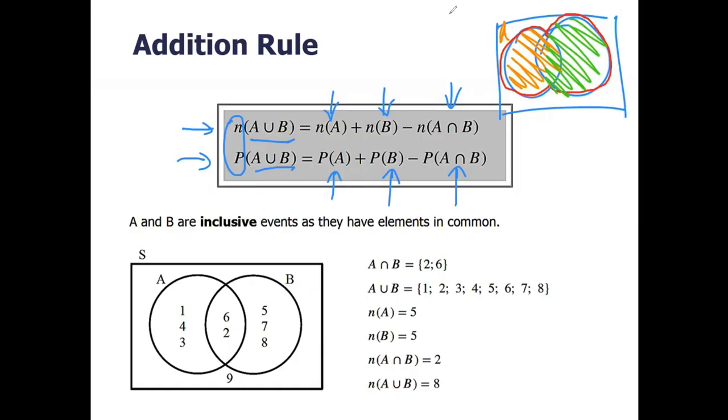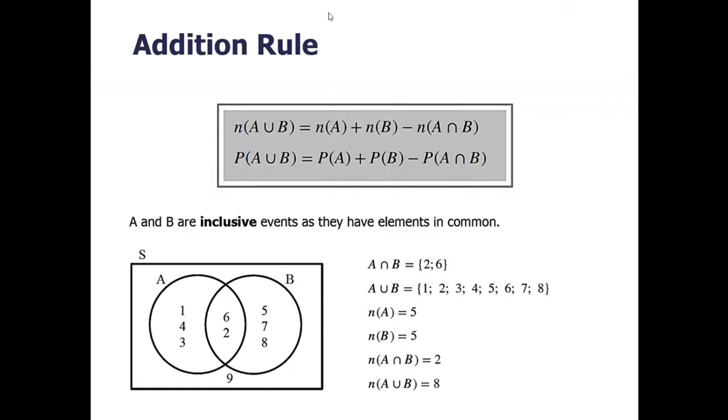So we compensate for that double addition by subtracting the and once. So that is always very helpful when you're not with a Venn diagram, but you're just sitting with the probabilities as numbers in front of you or the number of outcomes in front of you.